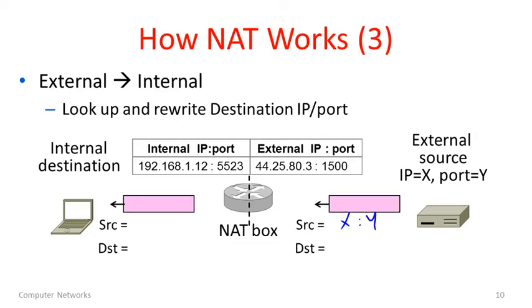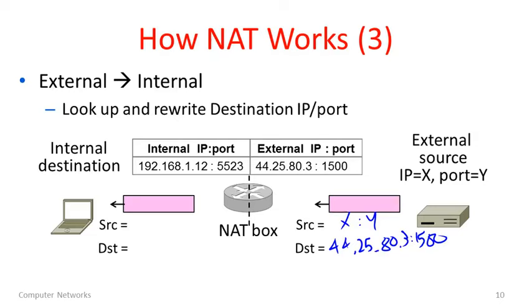It will reply to whatever the source is on the packet it received. And I can remember the source, we made this external IP address and port. So the destination of this packet will be the previous source, which is 44.25.80.3:1500.